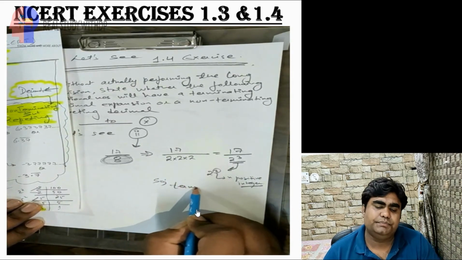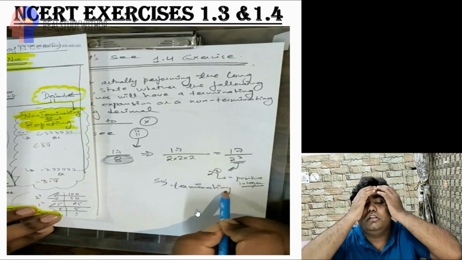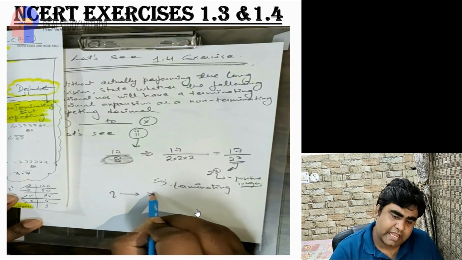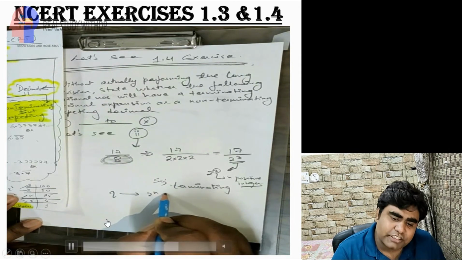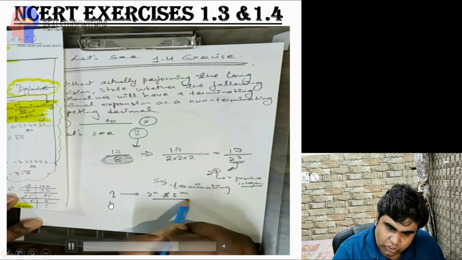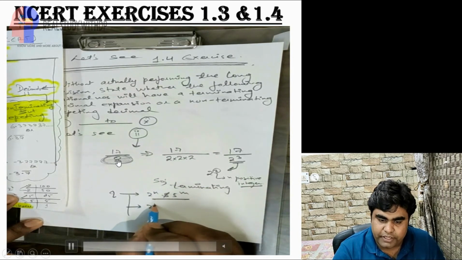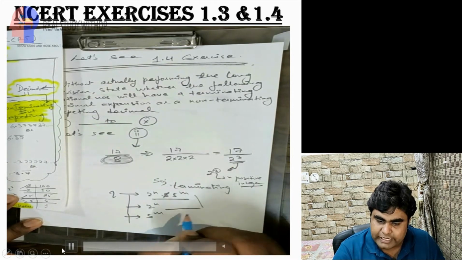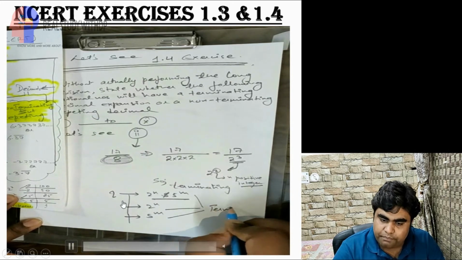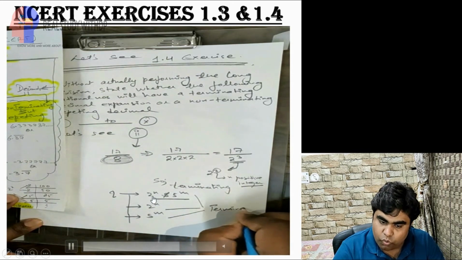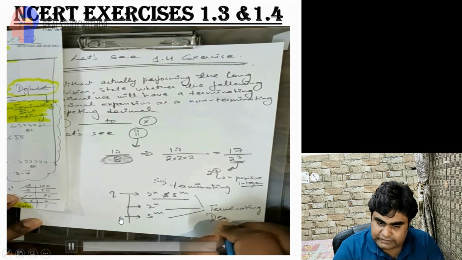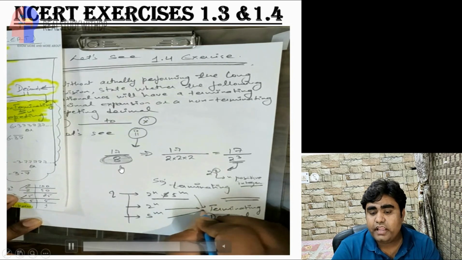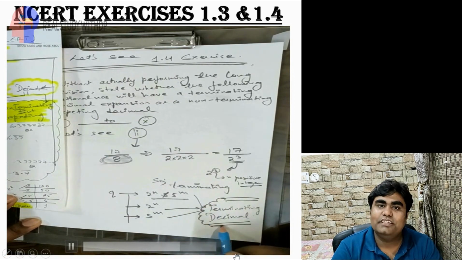So what we can take out as the meaning of the whole concept is that after analyzing the factors of q, if the number is in the form of p by q, and the factors of q fall in either of the categories, that means q has only the factors 2 and 5, or only 2, or only 5, then this whole p by q number is going to be of the terminating decimal kind.